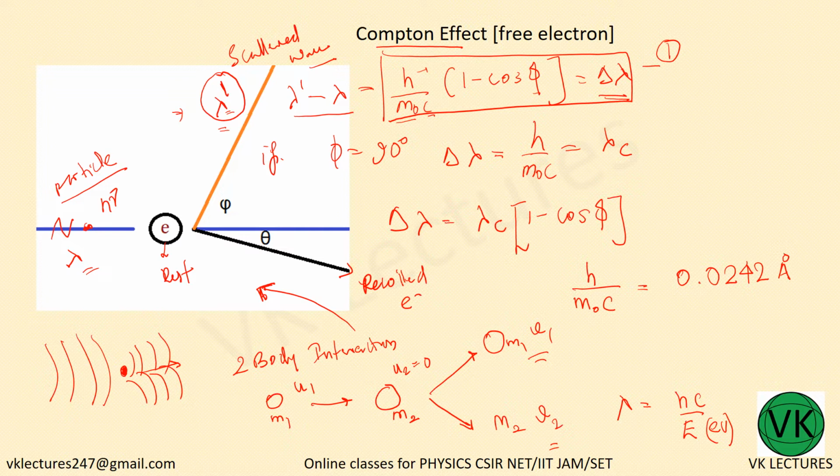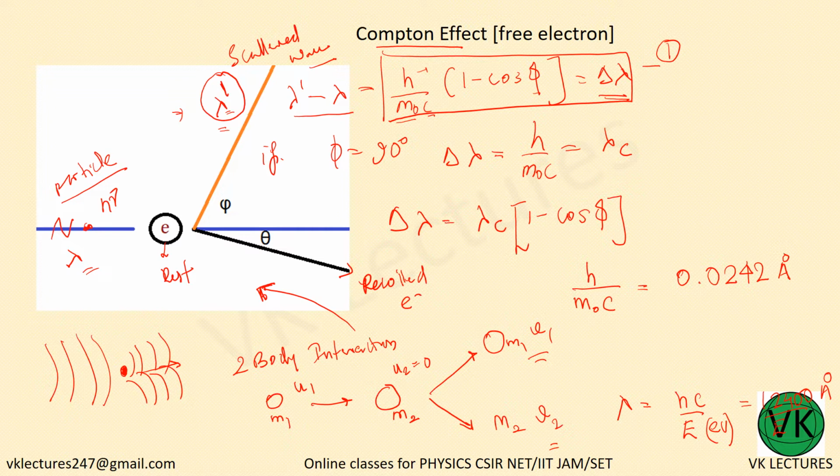H and c are constants, E is the given value, so lambda is equal to hc by E. This value is equal to 12400 divided by E angstrom.